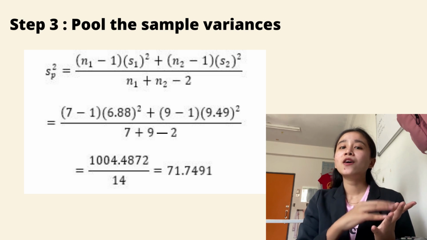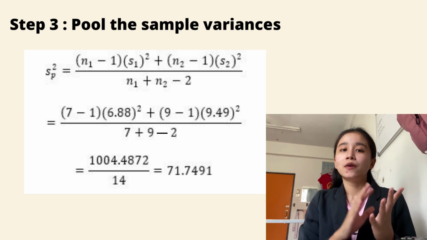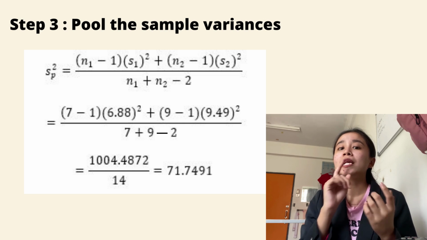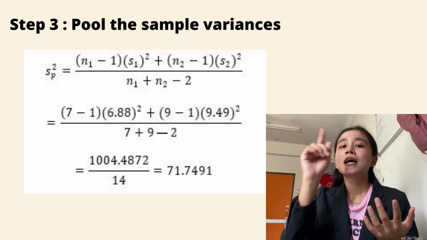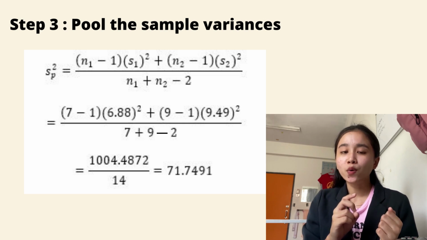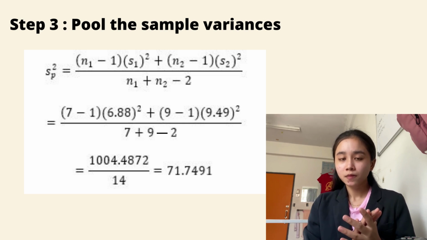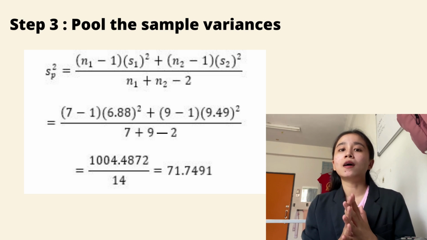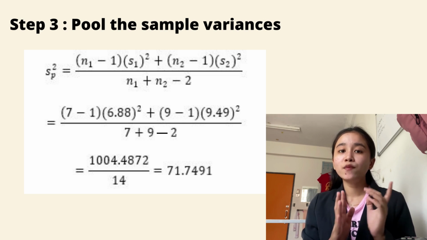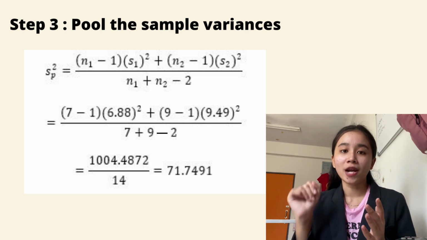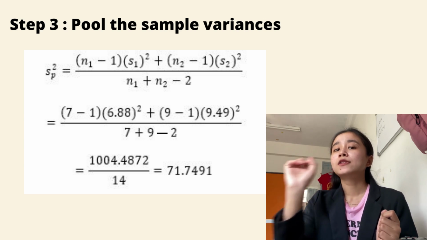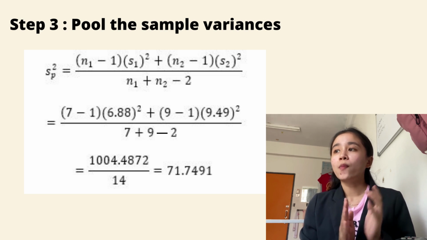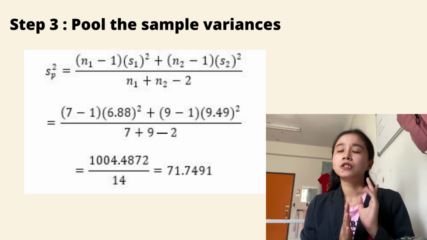So we will get the value of the pooled sample variance. We can plug in all the values in this formula: 7 minus 1 times the standard deviation for women, 6.88, squared, plus 9 minus 1 times the standard deviation for men, 9.49, squared. The value that we get is 1004.4872.